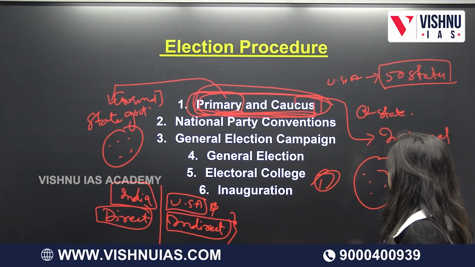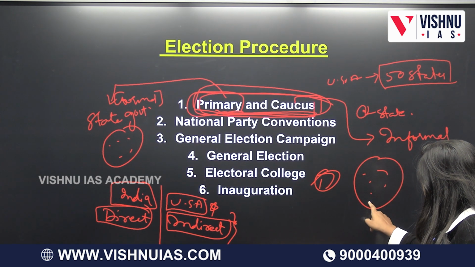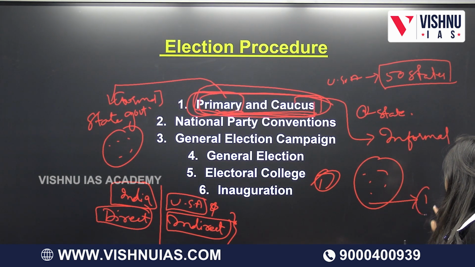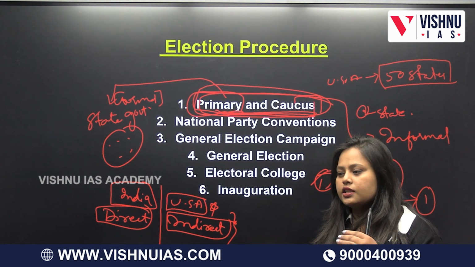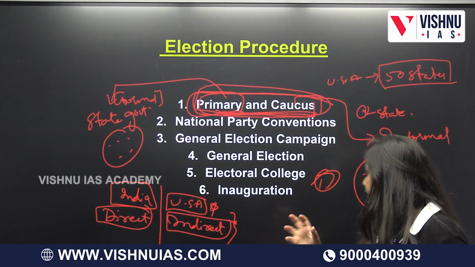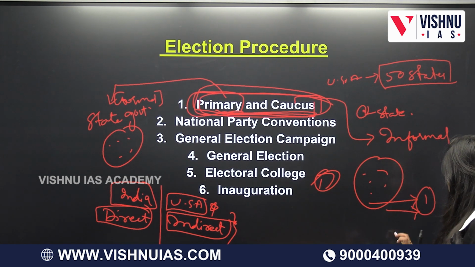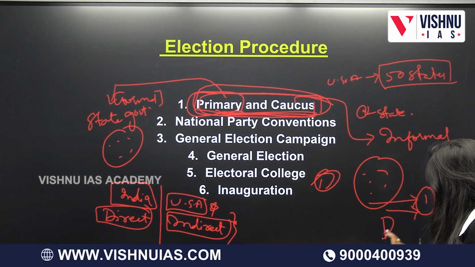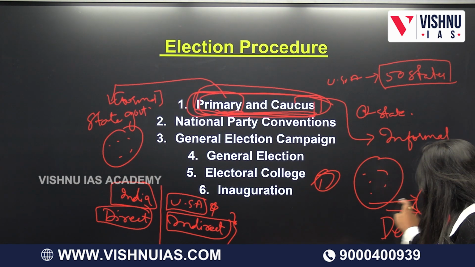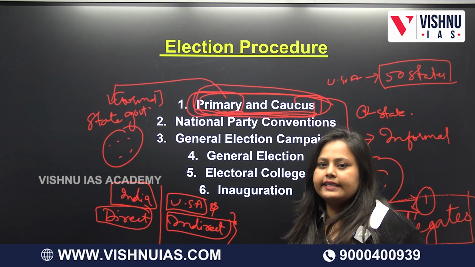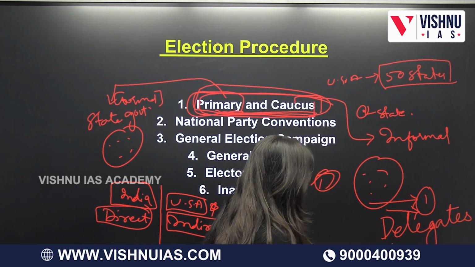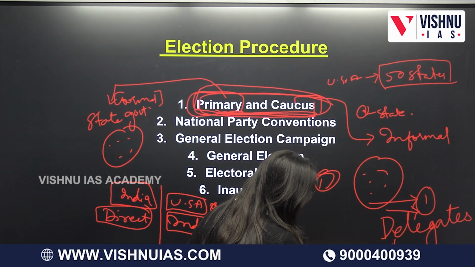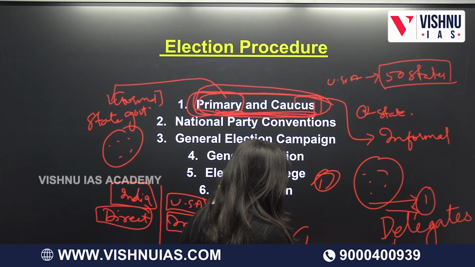Now after listening, they'll align to the party whose ideology or mindset matches theirs. They will contest elections as delegates. These delegates contest elections in individual states, and after that they will nominate one presidential candidate.